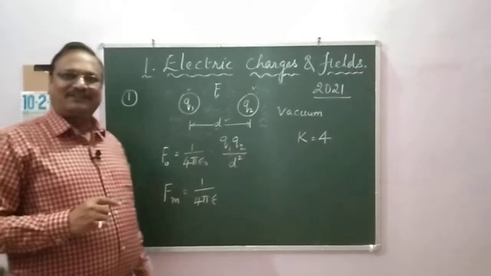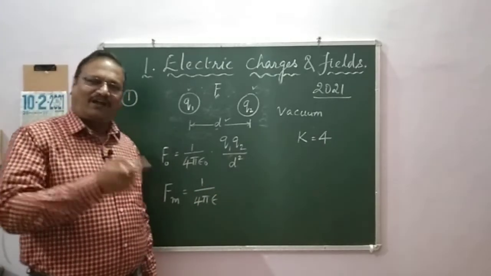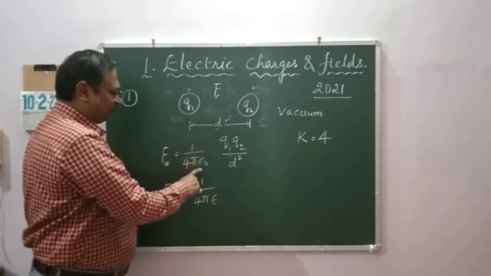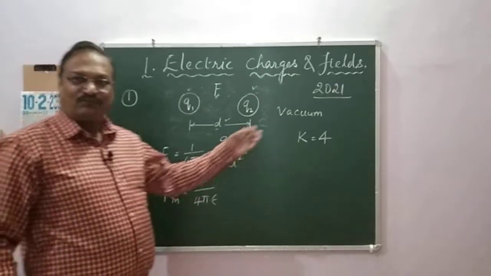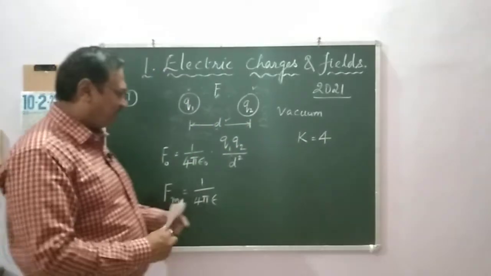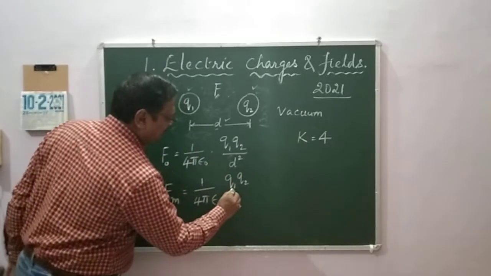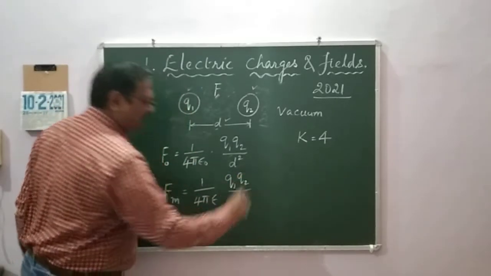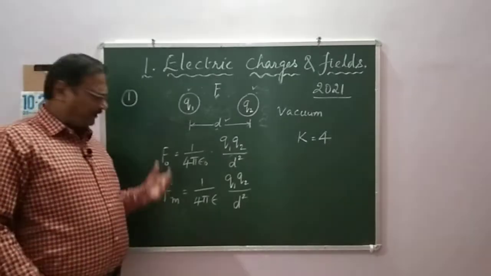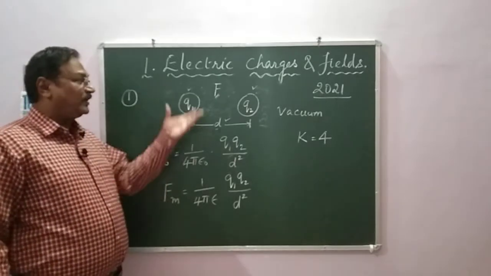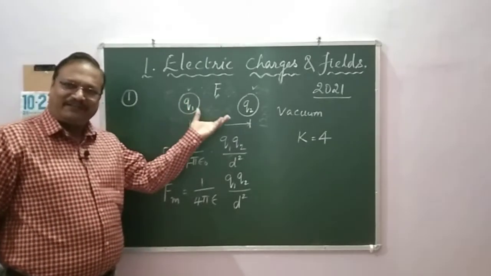Why epsilon? It is the permittivity of the particular medium, while epsilon naught is the permittivity in free space or vacuum or air. But the charges Q1 and Q2 remain the same and the distance of separation remains the same. Now we have to find the force when it is in a particular medium.